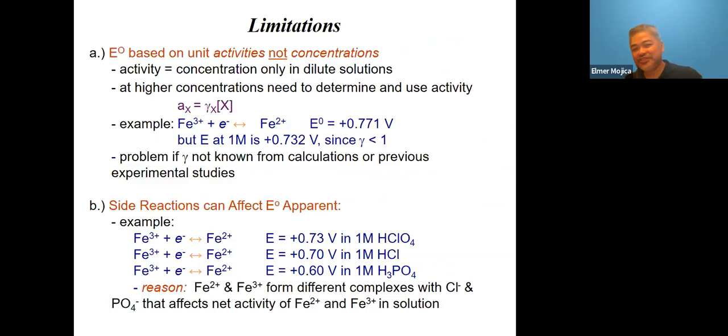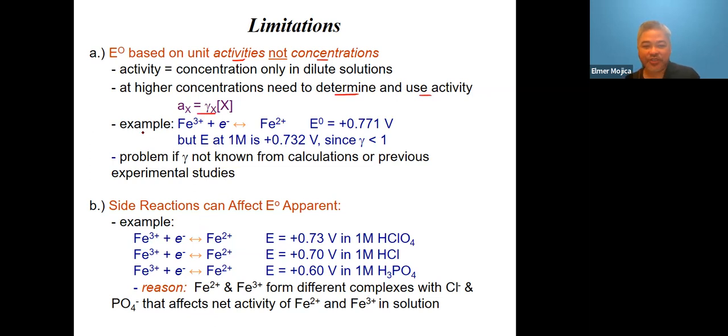Now, the limitation of this type of calculation is that the cell potential is based on activity, not concentration. Activity is equal to concentration only in dilute solution. At higher concentration, you need to determine and use the activity using this definition.